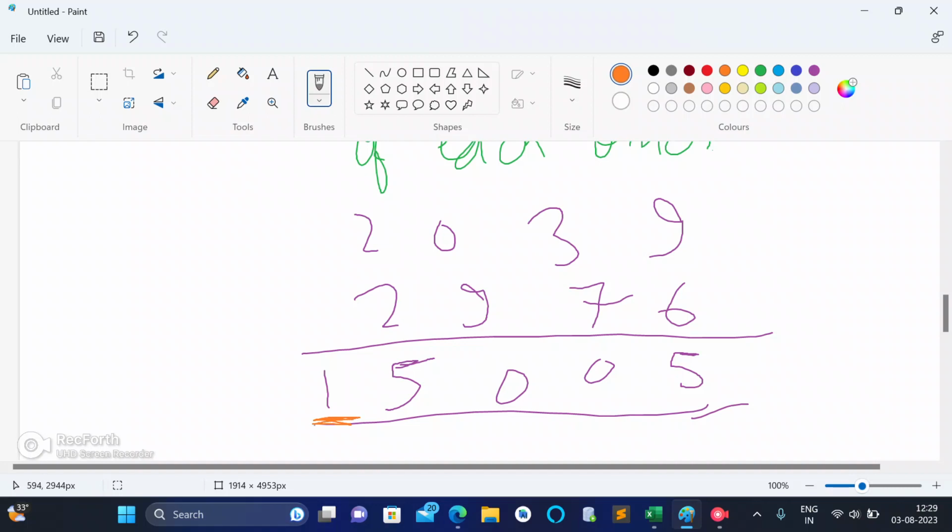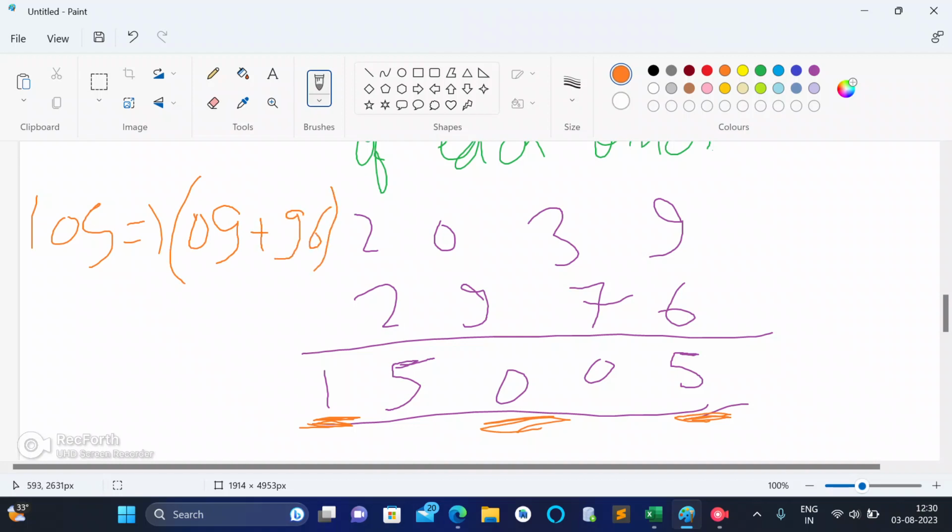So what I can say is, 105 can be represented by 1, 0 and 5, as the sum of 09 and 96.